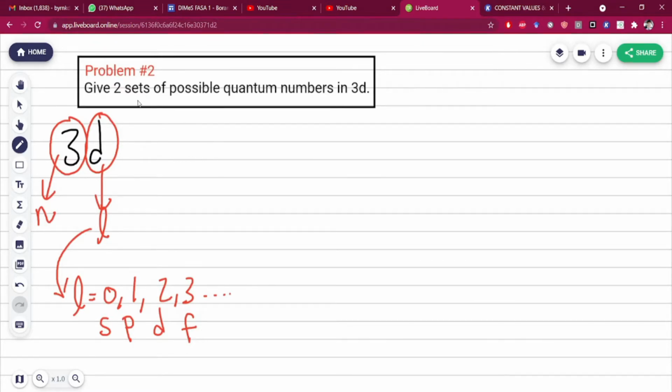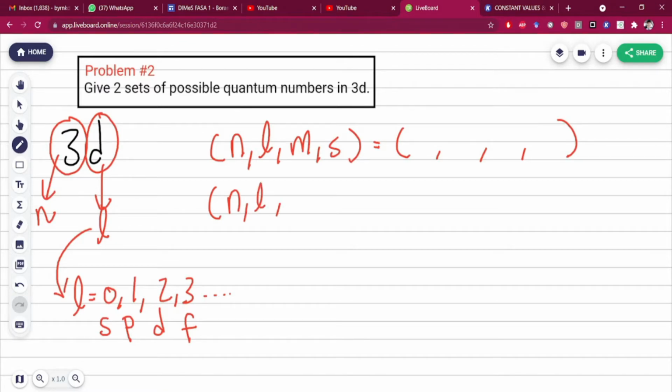To write two sets of possible quantum numbers, we're going to start with n, L, m, s. So you have the first set over here, 1, 2, 3, 4. And then you have the second set, 1, 2, 3, 4.